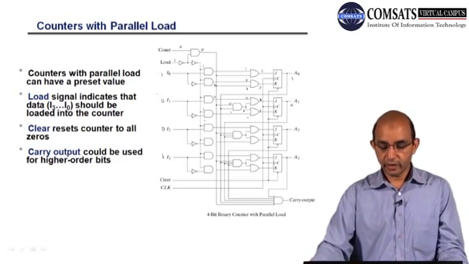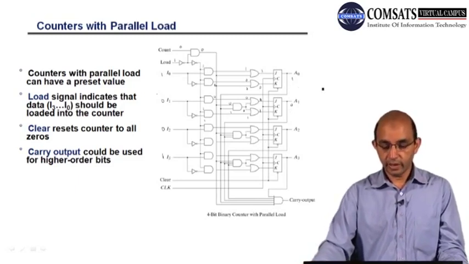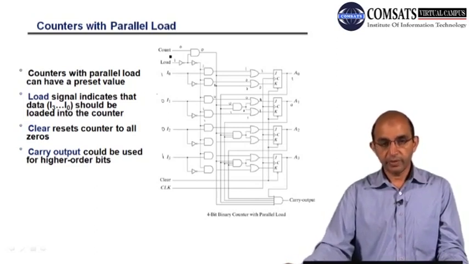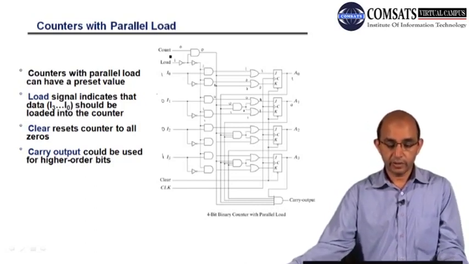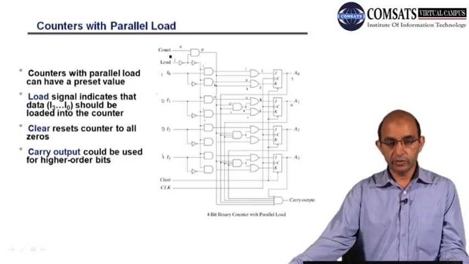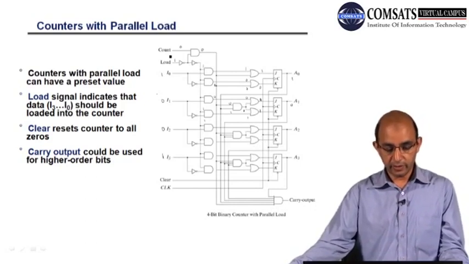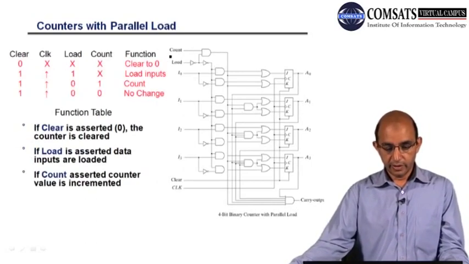So you can have an idea from those 2 bits that they are being loaded. After the loading of the data, we can start the counting, if you want to start counting from a predefined number. This is the advantage of that counter, that we can load the data in a parallel fashion.